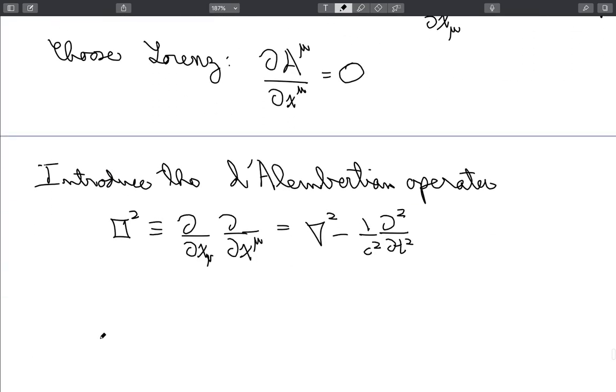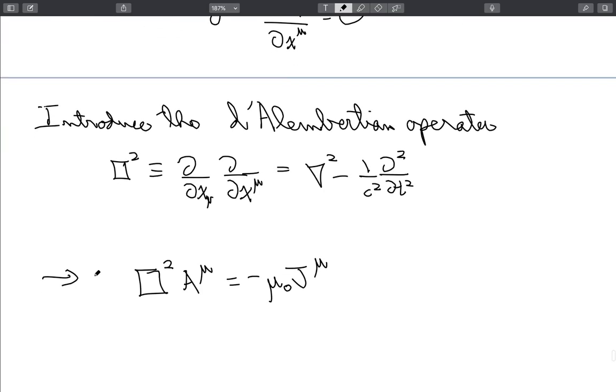And we obtain that the whole of Maxwell's equations are expressed in this way. Okay, and that's it.